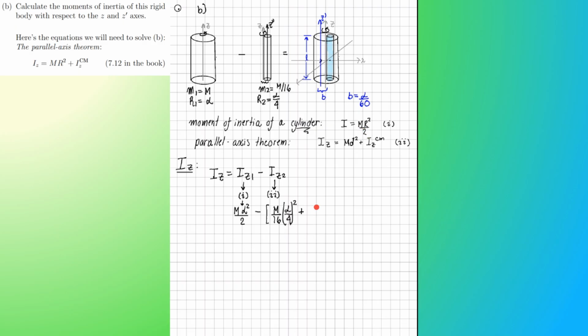So plus M2, which is M divided by 16, multiplied by the radius 2, which is alpha divided by 4 squared divided by 2. So we can just reduce the equation now.